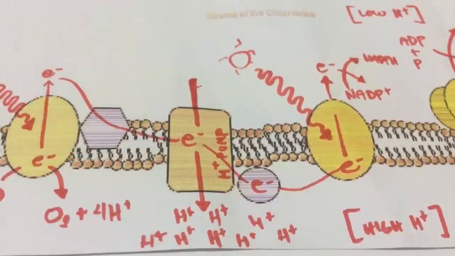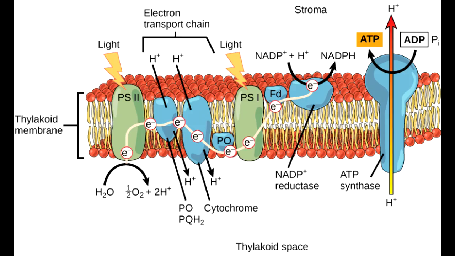Light-dependent reactions are the first major set of processes in photosynthesis. It converts light energy into chemical energy as ATP and NADPH. Photosystem 2, or plastoquinone oxidoreductase, is the first of the four protein complexes that plants need for light-dependent reactions. It is also called PS2, because it was discovered second after photosystem 1.